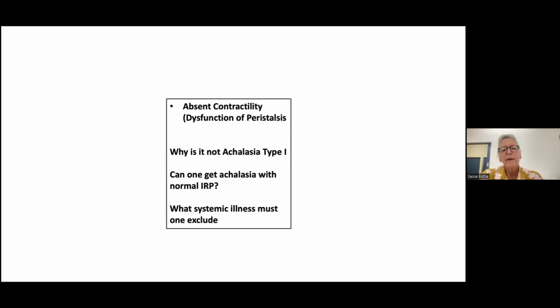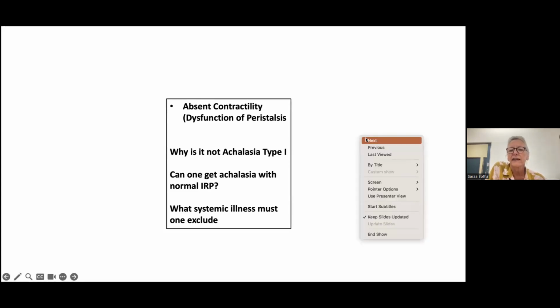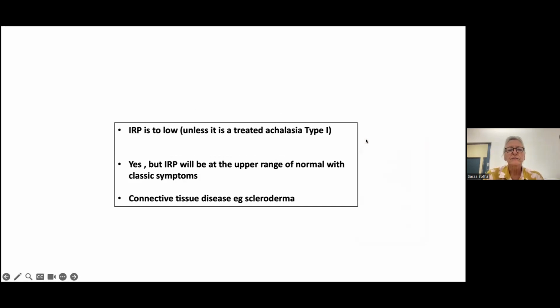What systemic illness must one exclude if you find hypotensive LOS and absent contractility? Systemic sclerosis. That's right. So you must always do a connective tissue screening test when you find something like that. Okay, you must remember you can get a low IRP if it's a treated type 1. So you must always in the history make sure that he wasn't treated for achalasia at any stage.